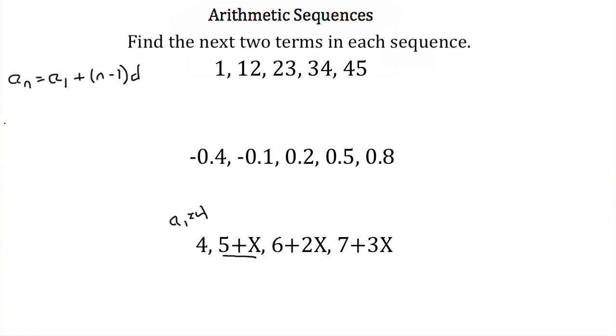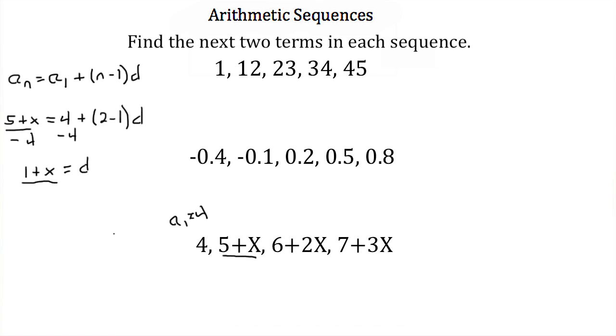So it's 5 plus x, which is equal to 4 plus, now our n is 2 because this is our second term, times d, which we don't know. This is what we're solving for. So subtract the 4 from both sides, and you'll get 1 plus x is equal to d.